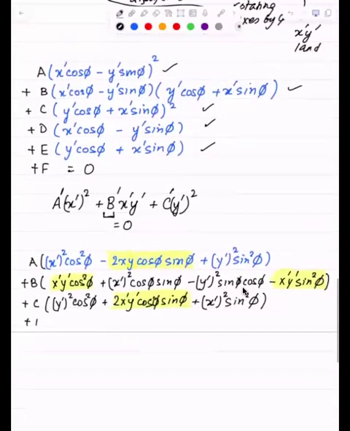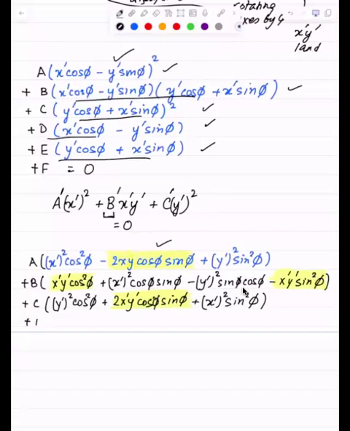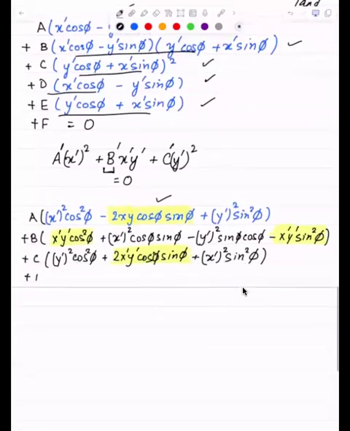Okay, so let's see what we get from here. I've expanded these out: a minus b squared, a squared minus 2ab plus b squared, multiplied these out, and expanded this out. I didn't bother with these because there are no x prime, y prime terms in them.